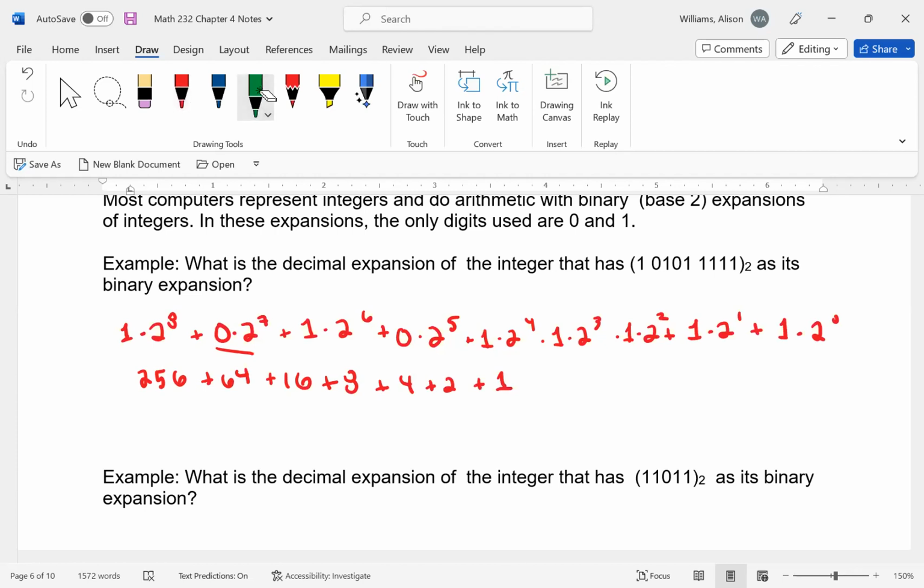Just so we're clear, these two were zeros, so I didn't even count them. Everything else I did the calculation for, and then of course 2 to the 0 is 1 times 1 is 1. Adding those together, you should get 351. And that is this number in binary, base 2.